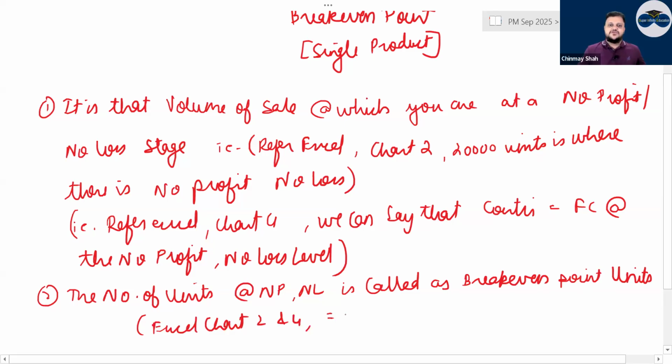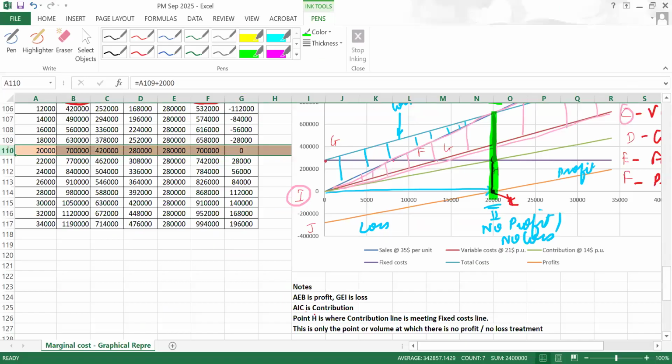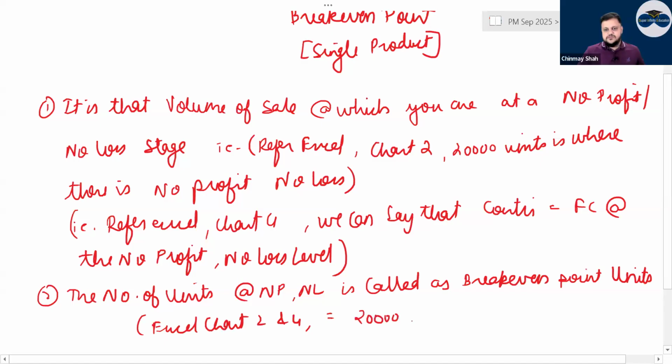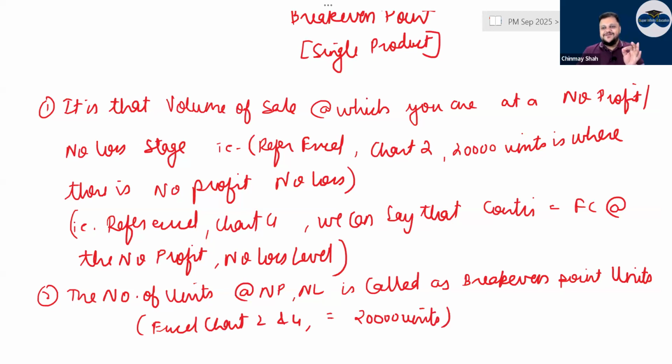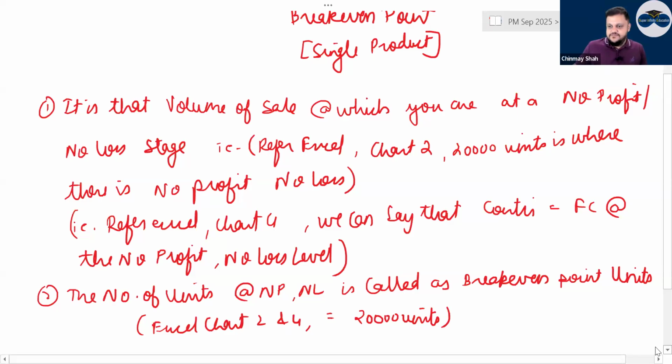How many units are there? In charts 2 and 4, how many units? Tell me. 20,000 units. I have a purpose for everything that I have done, it will be used here in break even, and going ahead in limiting factor. Everywhere it will be used. Correct?